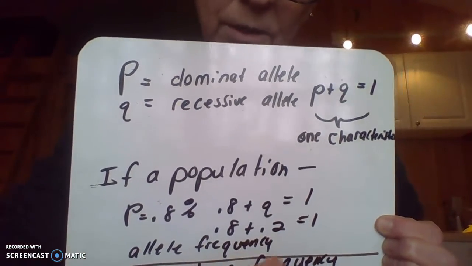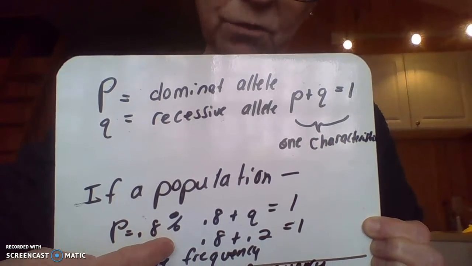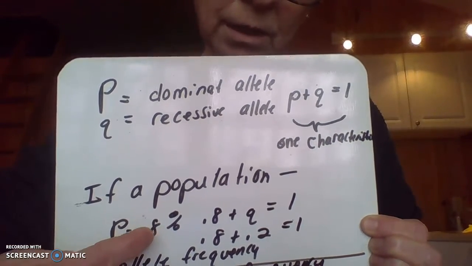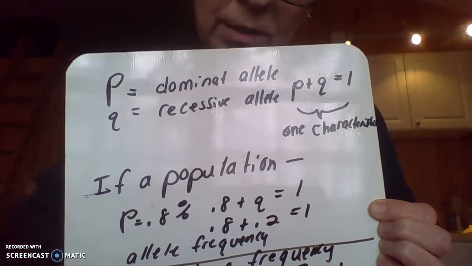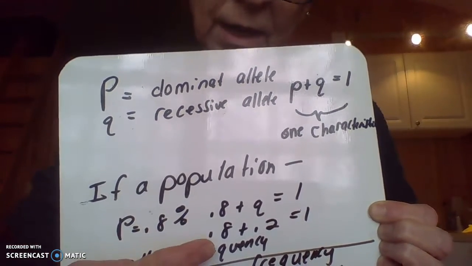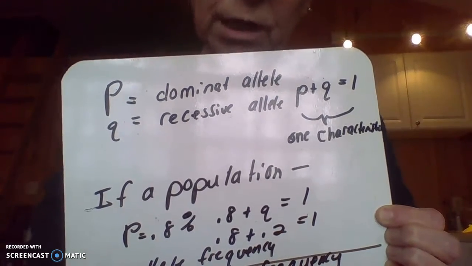And if 80% were completely dominant, the P is for dominant, it would be 0.8. And if I had 20% completely recessive, it'd be 0.2. And you can see if you add the completely dominant and the completely recessive together, it equals 1.